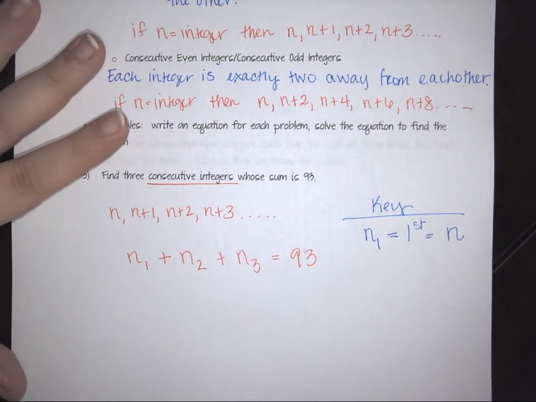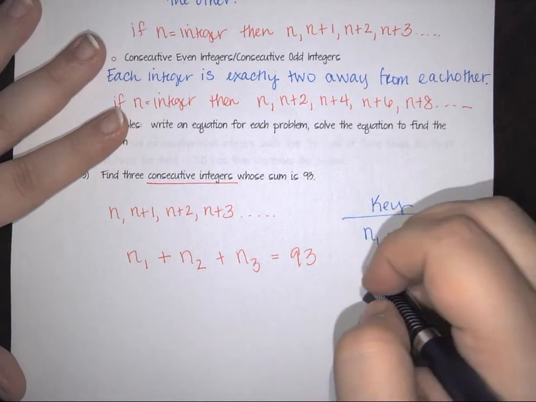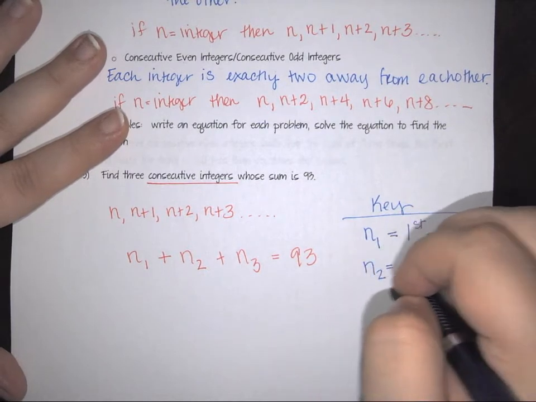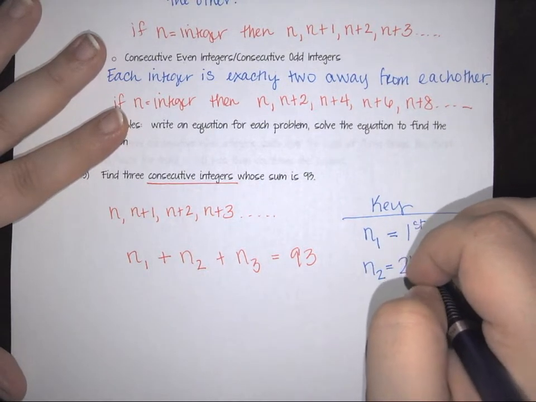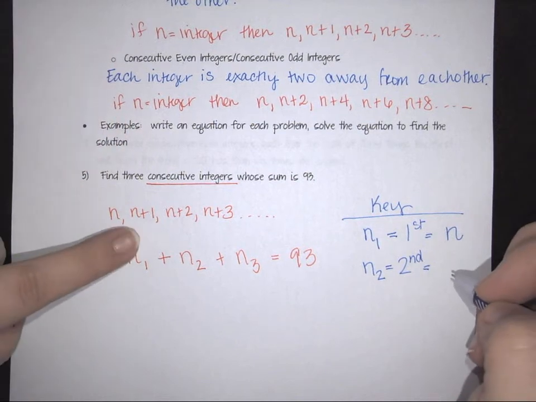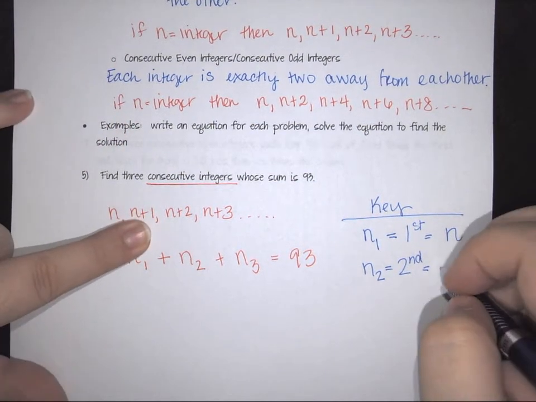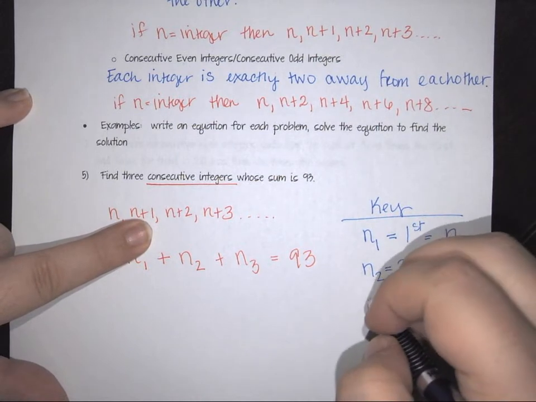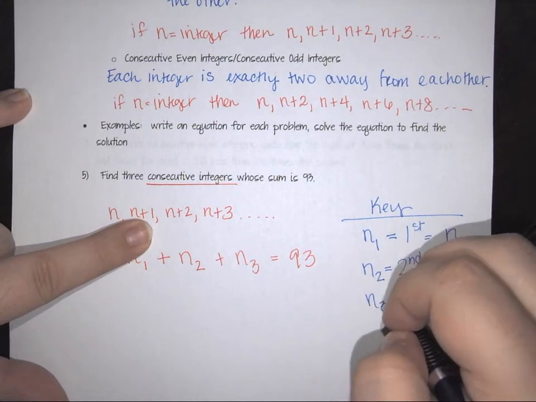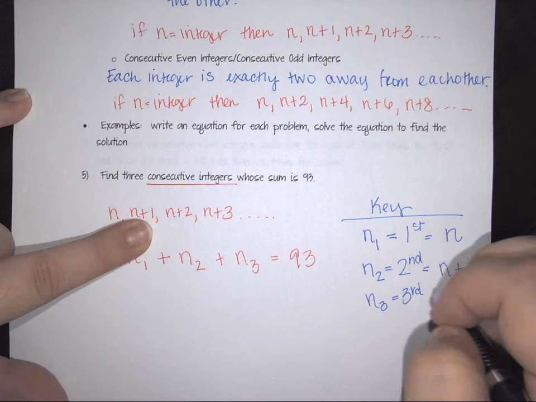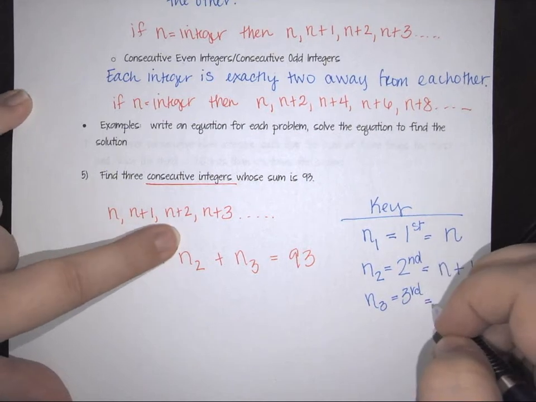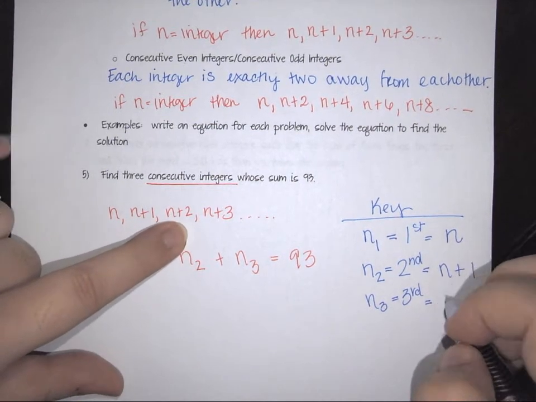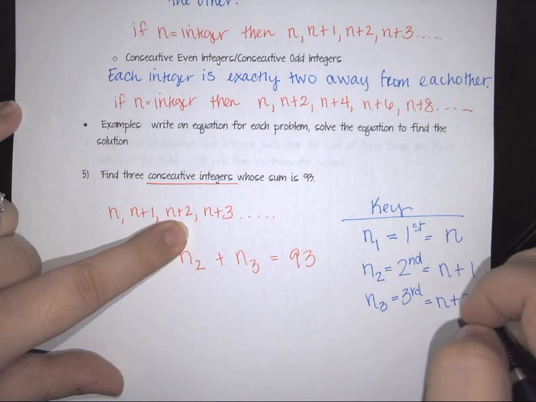It's going to equal n. n2 would represent my second integer, and if we look at our formula, the second integer is going to be where you started from plus 1. n3 is my third, and if you look at the third spot here, we have where you start from plus 2.